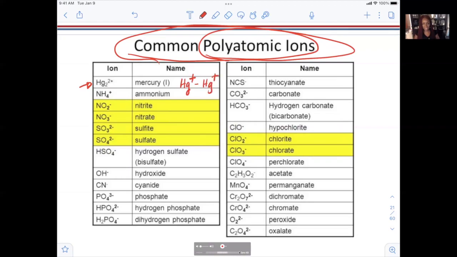When you consolidate that, you get Hg2 2+, and they exist together as a unit. But it's still called mercury 1 because when this unit reacts, it reacts as mercury 1. Remember, the form these diatomics or diionics take by themselves is not the same as the form they take when they're about to react.